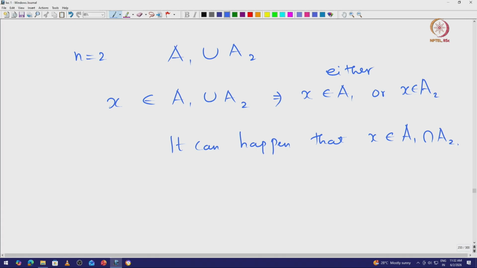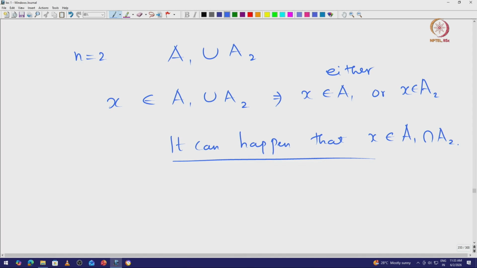If it is in the intersection, then it will be counted twice in the sum cardinality of A1 plus cardinality of A2. So that we should take care. We should just count it only once, so we should not count it twice. So we should just take out all the elements that are counted twice in this cardinality of A1 plus cardinality of A2. So that gives the formula for the cardinality of A1 union A2.